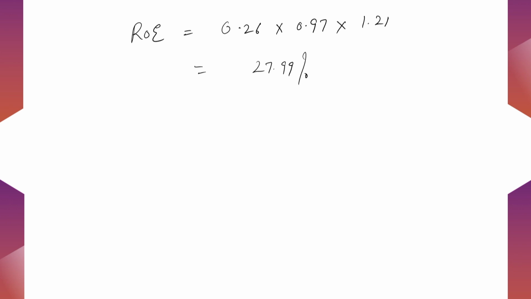So on the basis of this DuPont model, the predicted ROE of Q Limited is going to be 27.99%. It is less due to the fact that the additional investment, even though it is made in the plant, fails to generate additional revenue in proportion to the change in plant value. That's all from my side.